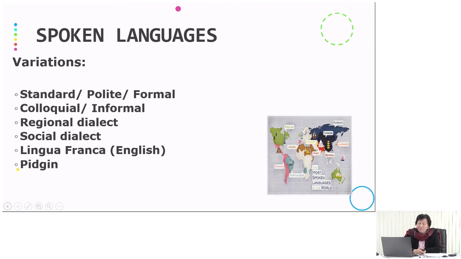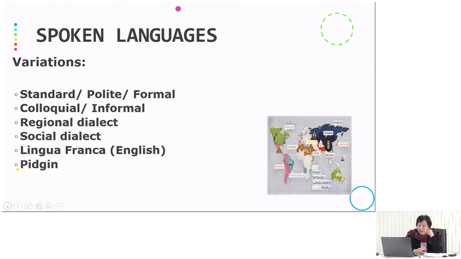We probably have colloquial spoken language, or we probably have informal spoken language. So it means that either standard, polite, or formal mean the same thing. Colloquial, informal mean the same thing. You see? We probably have regional dialect spoken language.